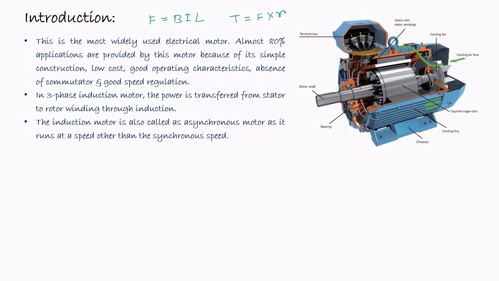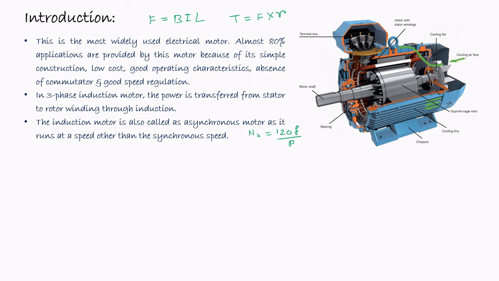This motor is also called an asynchronous motor because the speed of the induction motor may be anything other than the synchronous speed. The synchronous speed is basically represented by Ns. It is equal to 120 F upon P, where F is the supply frequency and P is the number of poles.